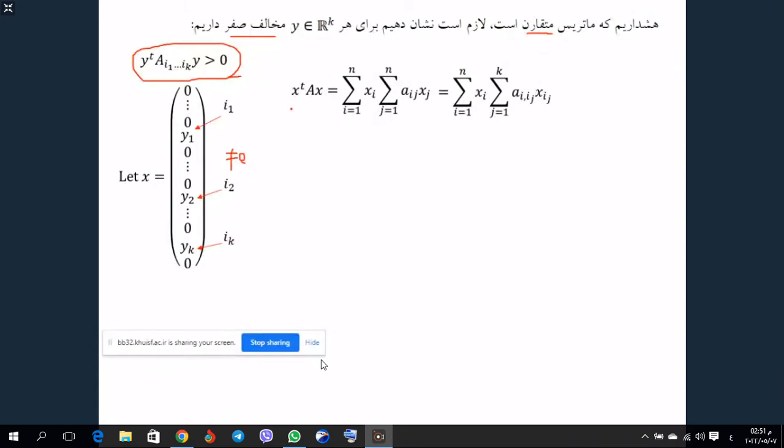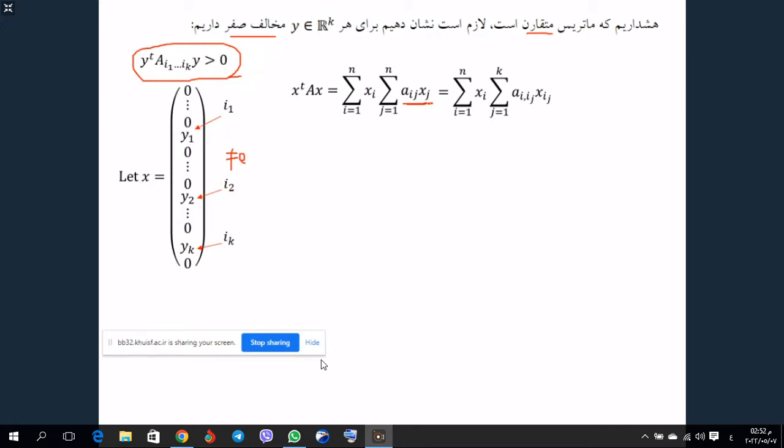If we calculate x transpose A x, it is summation i from 1 to n of xi multiplied by summation j from 1 to n of aij xj, that is summation i from 1 to n xi, summation j from 1 to k of a_i,ij x_ij. When we do this multiplication, all xj is 0 except x_a1, x_a2, x_ak.